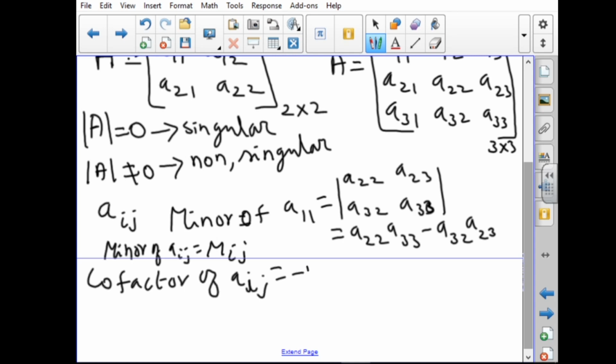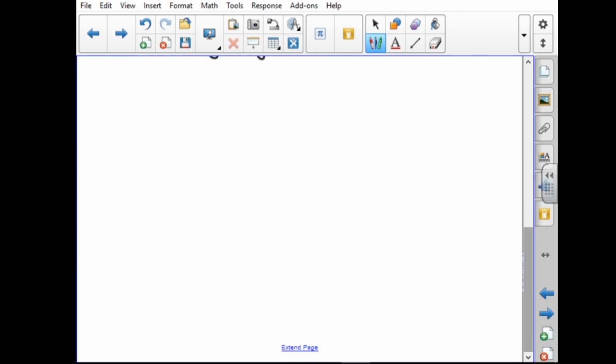The cofactor of Aij is equal to minus 1 power i plus j into Mij, that is a signed minor.